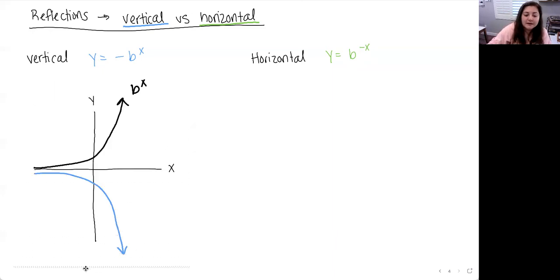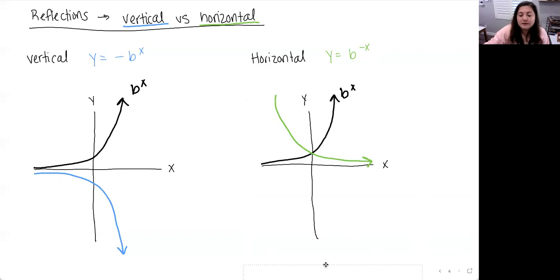So if we take a look, this is going to be my reflection, where I'm reflecting the long way. My horizontal reflection is going to reflect along the y-axis, and it's going to reflect left to right.